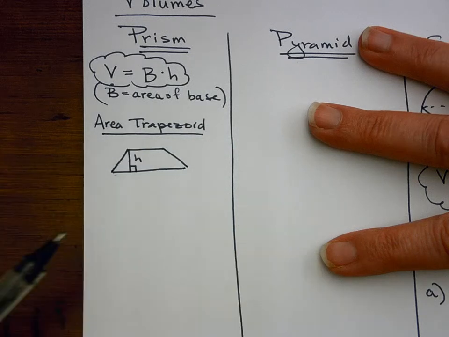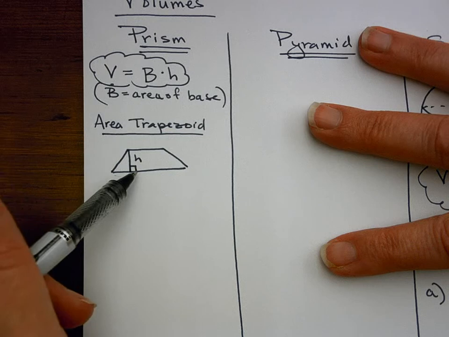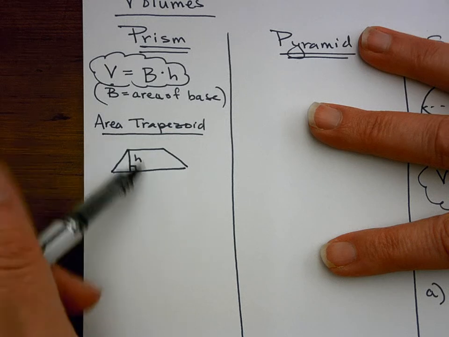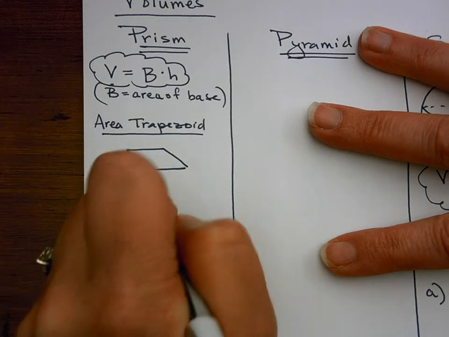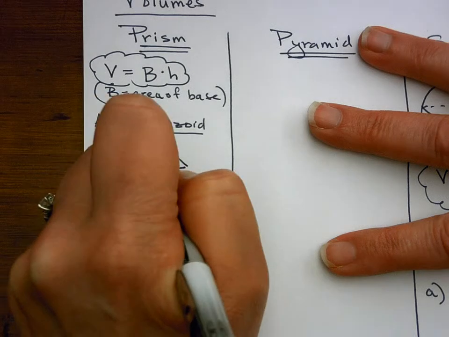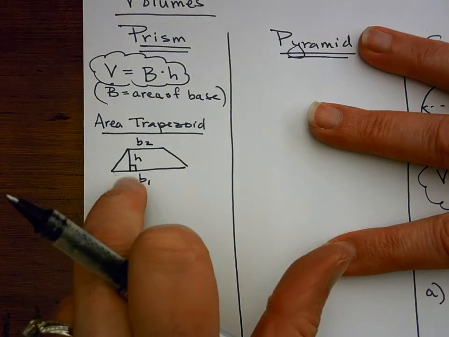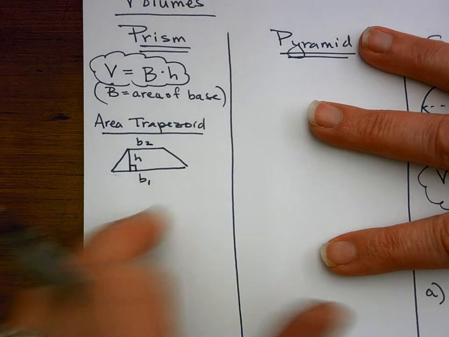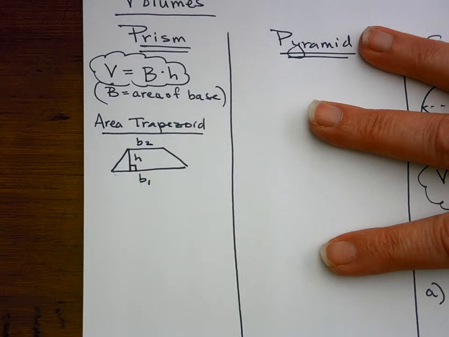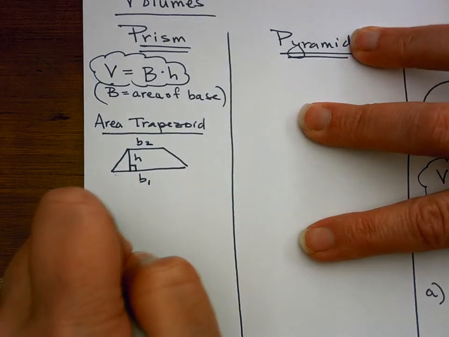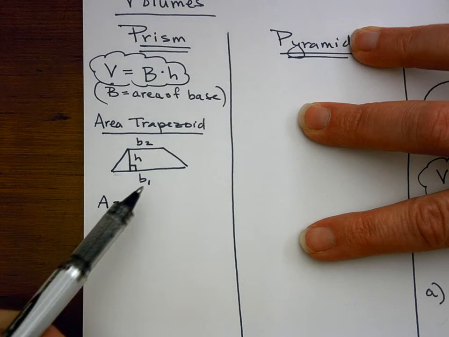And then normally we would just do base times height, but a trapezoid actually has two bases of different lengths here. So I'm going to call this base 1 and base 2. Okay, and it's not my bases because this is like my bottom, they're my bases because they run parallel to each other. So the area of a trapezoid formula is you have to average those values.